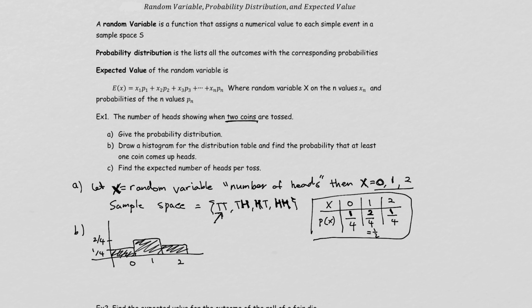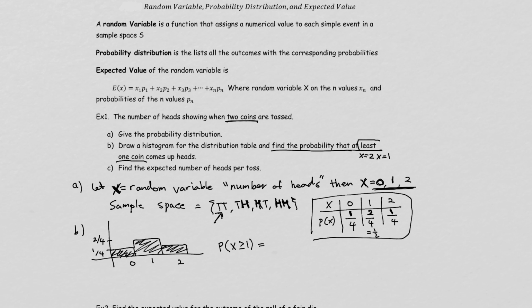And then the other part of B is to find the probability that at least 1 coin comes up head. At least 1 coin means it's okay to have 2 or 3, but in this case, because you're just tossing 2 coins, it will be 2. So it's okay to be 2 and it's okay to be 1, right? How do we show that? We say X has to be greater than or equal to 1.